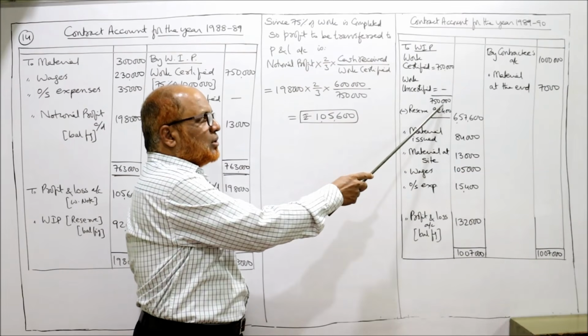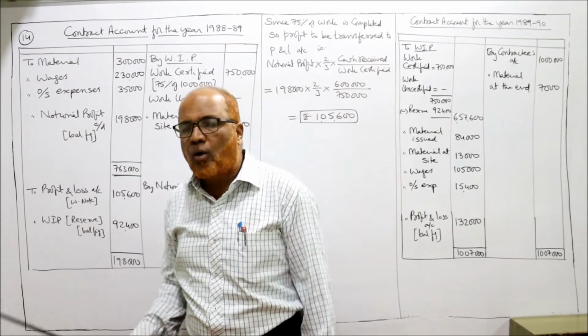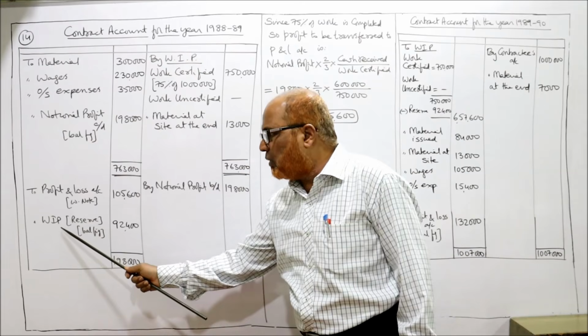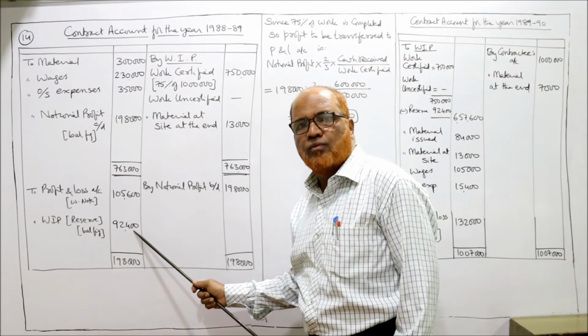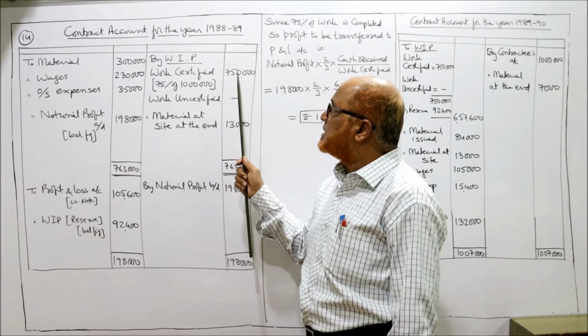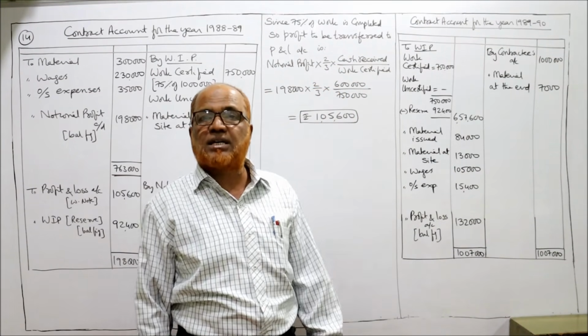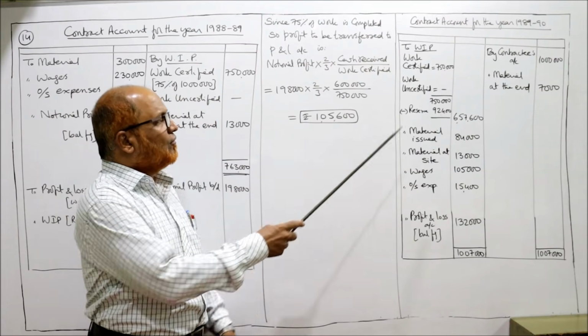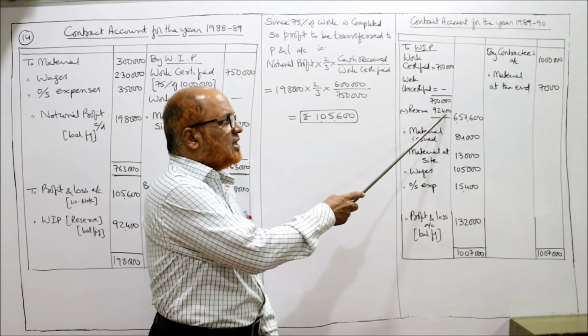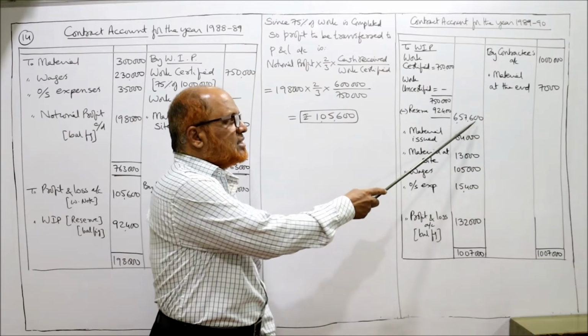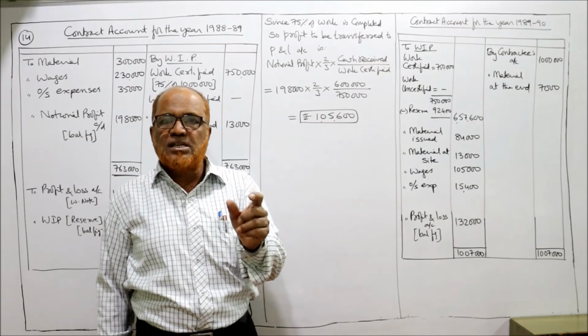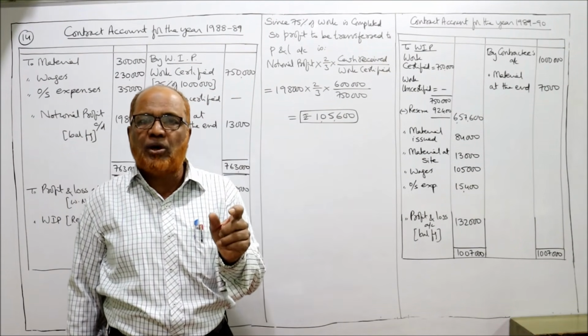So 7,50,000 less reserve. How much did we transfer to reserve during the first year? 92,400. So from the WIP here, 7,50,000, we subtract this 92,400 of reserve. 7,50,000 minus 92,400 is 6,57,600. This is the opening WIP of second year.